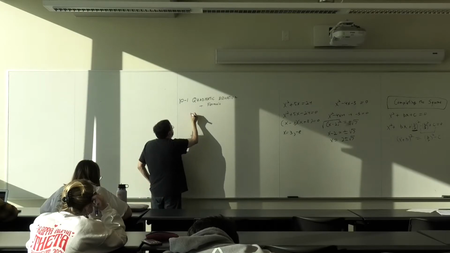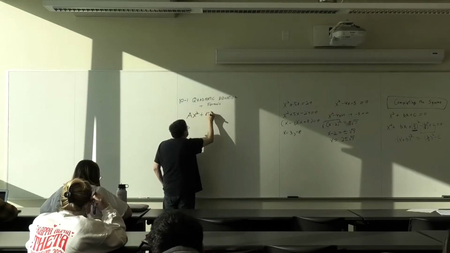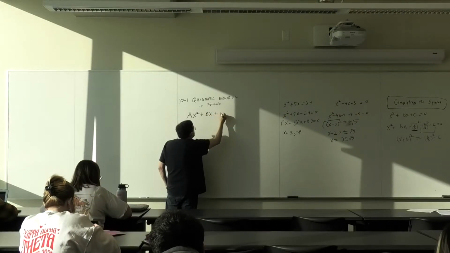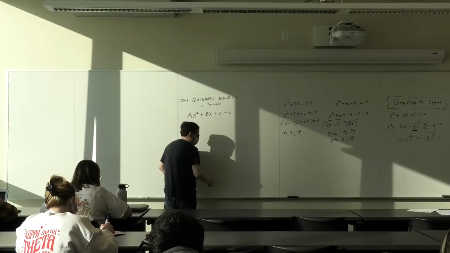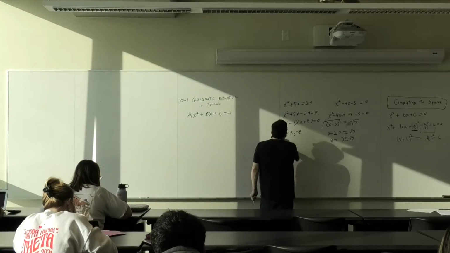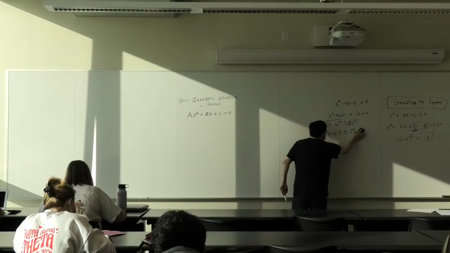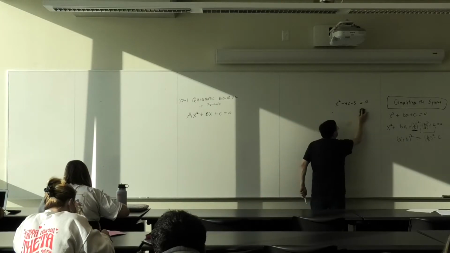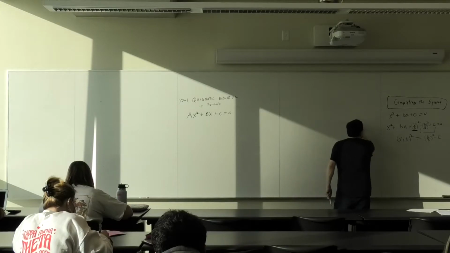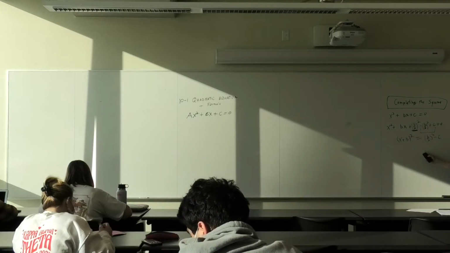That I mean, very general ax squared plus bx plus c equals 0. That is, any equation with any a, b, and c, we're going to find a formula that will give me its roots, or its solution, or its zeros. We're going to do it the same way we've done these.